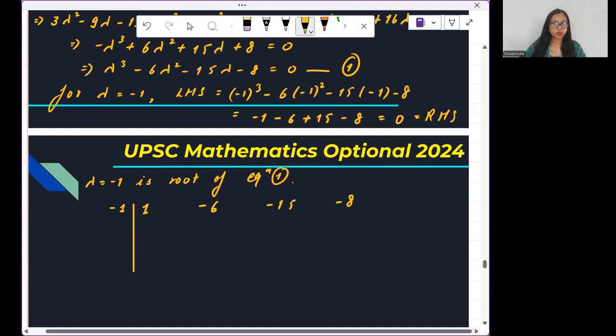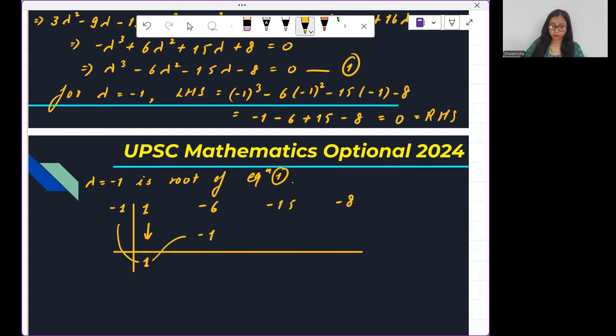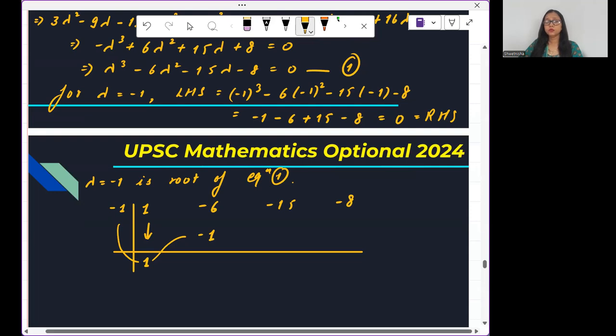These are the coefficients of lambda cube, lambda square, etc. So you write 1 as it is. You multiply -1 with 1 and write it here, -1.